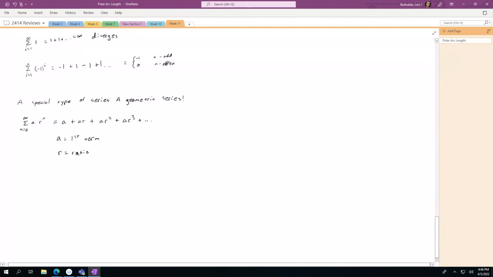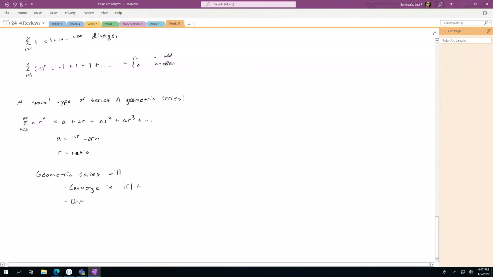Well, it happens to be that we can define the sum of a geometric series depending on what this value of the ratio is. So a geometric series will specifically converge if the absolute value of our ratio is smaller than 1. Oops, not smaller than 0, it's smaller than 1.